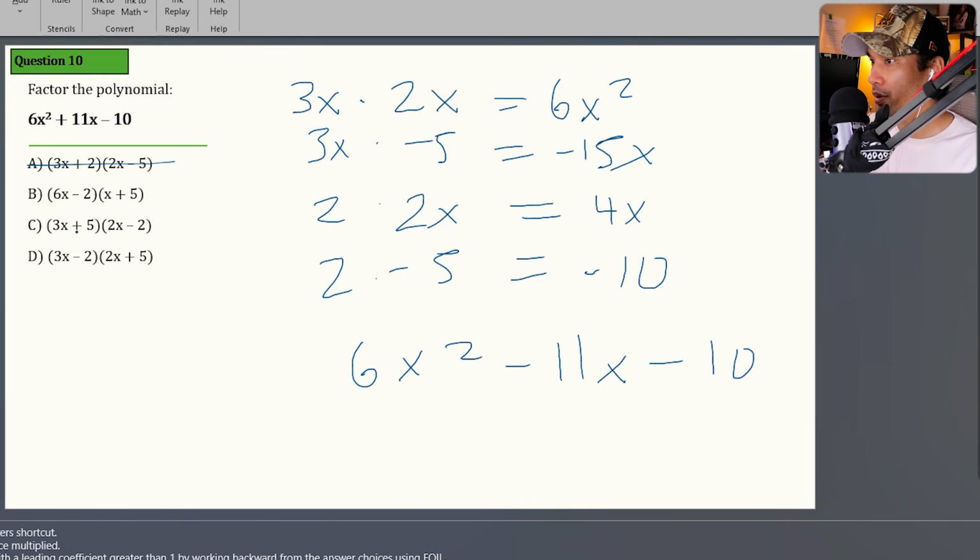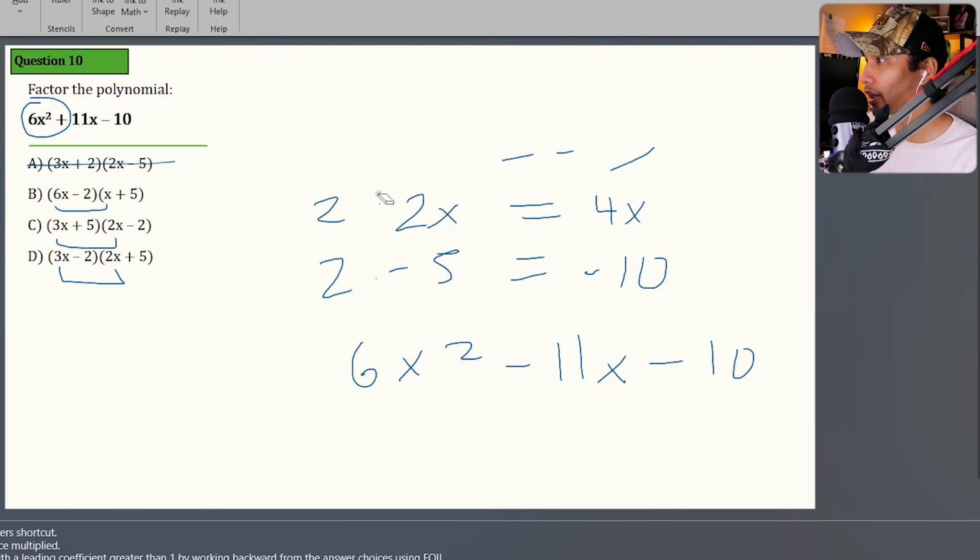Really, what we could do is see where maybe we could rule out an answer choice, but it looks like when you multiply the first term, we will get a 6x squared, which is here. So we have to FOIL each one quickly.